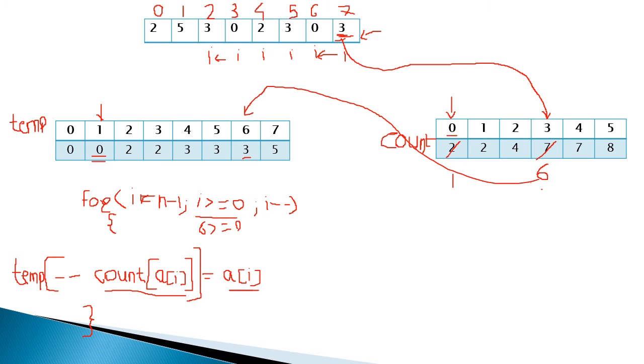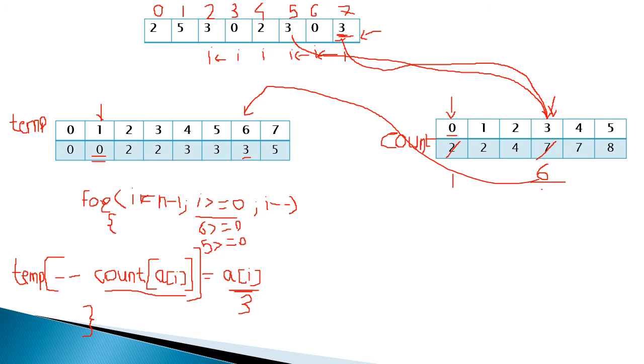Next, again decrement, again 3, then we will go to the index of 3, that is A of I, means what? 3. Here after decrementing, the I value is what? 5. 5 is greater than or equal to 0. Yes, 5 is greater than or equal to 0. Then count of 3, the index is 3.